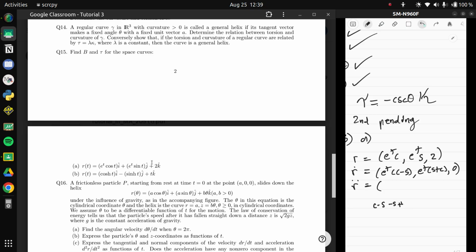So it's not plus, it's minus. It's just minus 2 sine. So minus 2 sine e power t, comma sine plus cosine minus sine. So it's plus 2 cosine. Yeah.